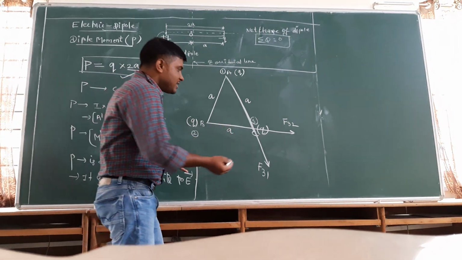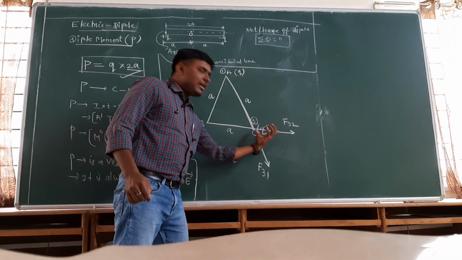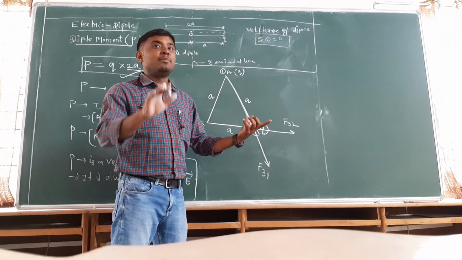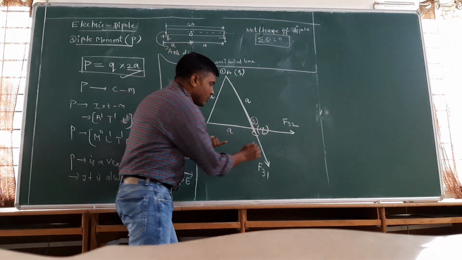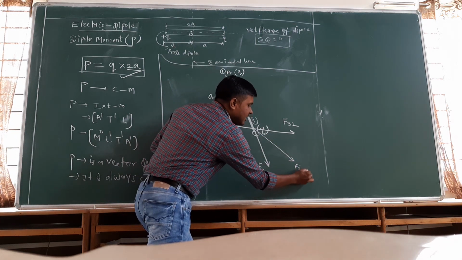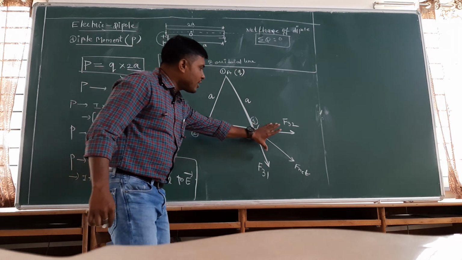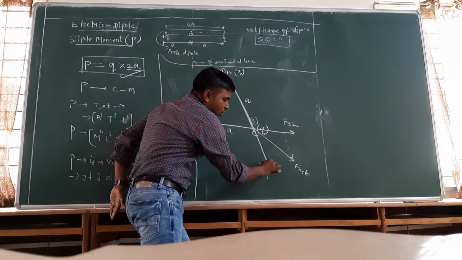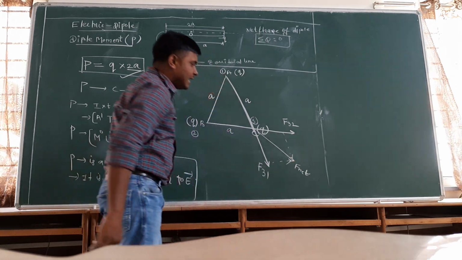Very simple. As the two vectors are inclined, the resultant vector will be obtained with the help of the very famous parallelogram law. So F net is the parallelogram combination of these two, and by the parallelogram law we can find this net electric field.